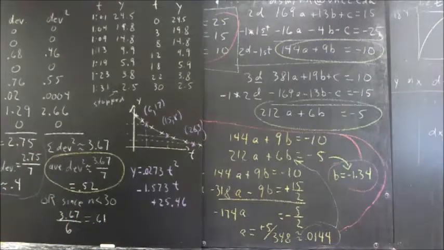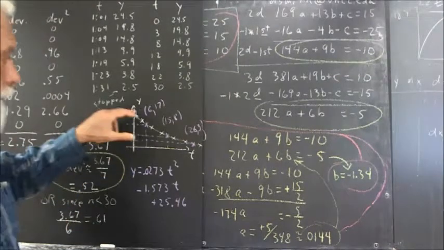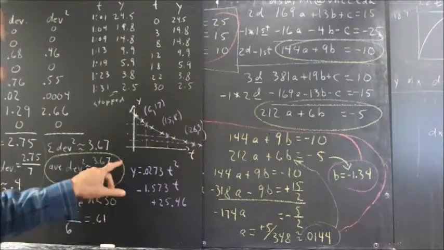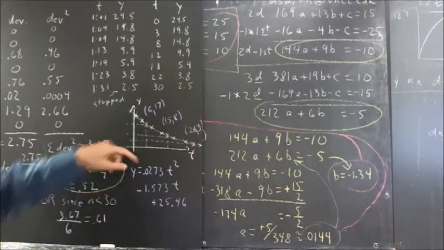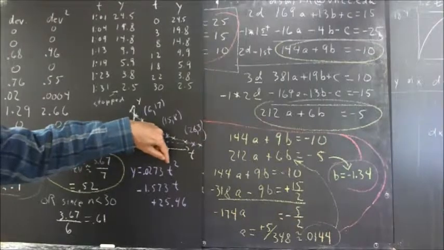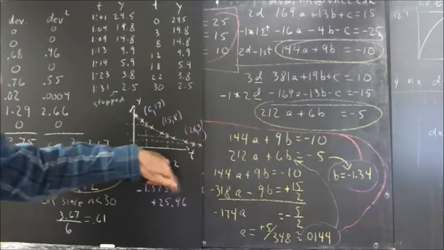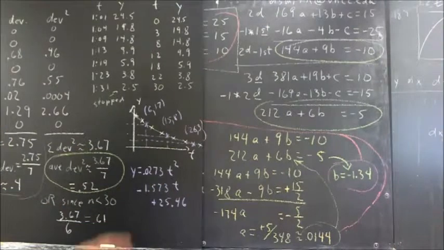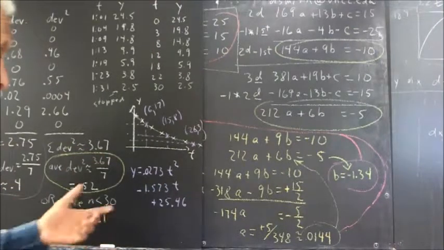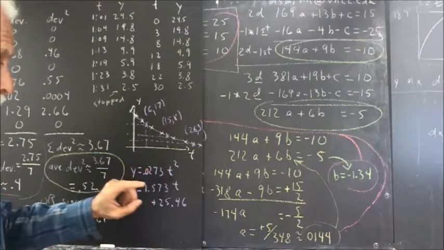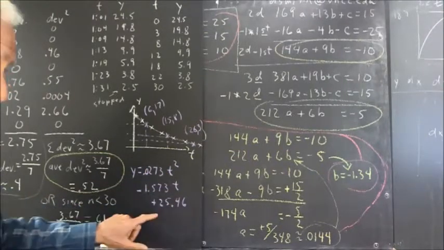The model corresponding to these 3 points is this quadratic function, y equals 0.0273 t squared minus 1.573 t plus 25.46. A quadratic function is a function that has a t squared term, a t term, and a constant term.